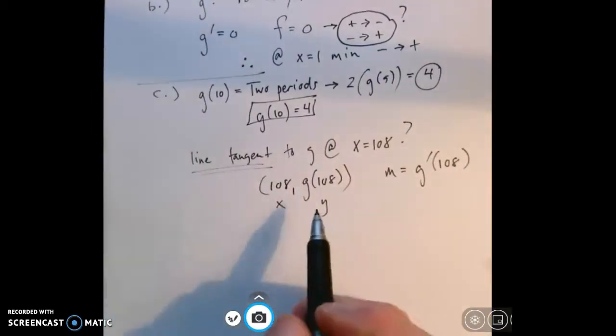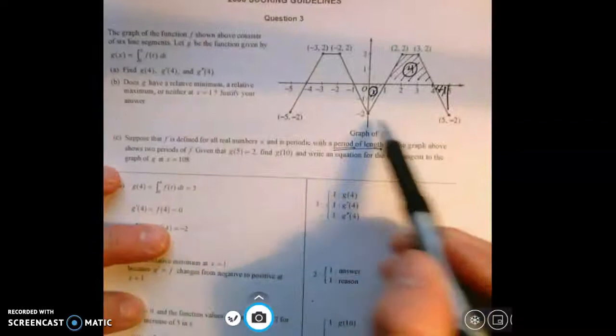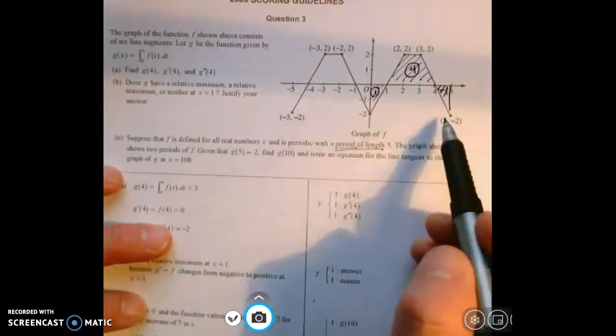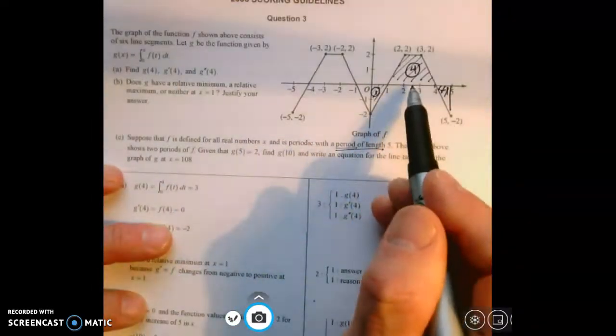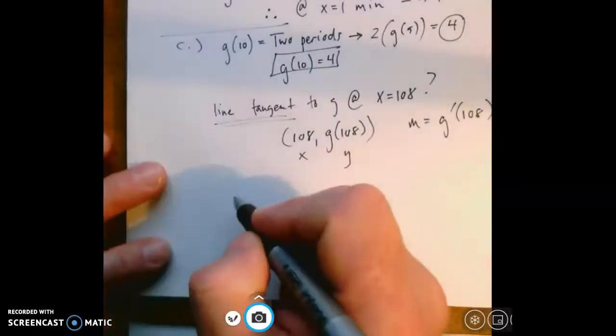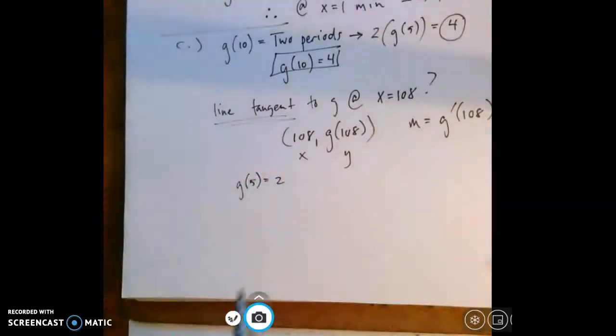G of 108 would be equivalent to going over this graph, over all those different periods. And remember, for every 5 I go, I accumulate 2. So g of 5 is 2, g of 10 is 4. Knowing that, when you go to g of 108, it doesn't go exactly into it, you have 21 periods.